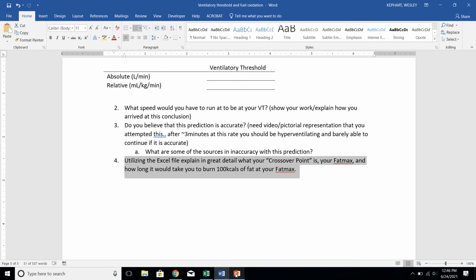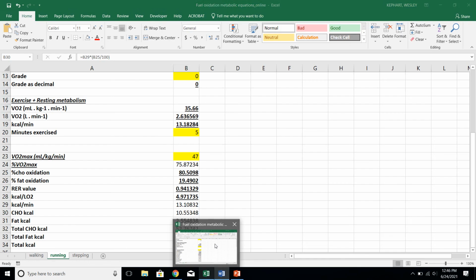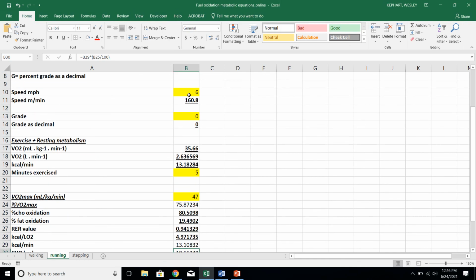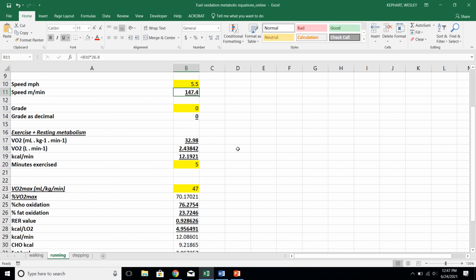So, come over here and figure this out, maybe, I don't know, 5.5, let's see. What you're going to be looking at for there is this respiratory exchange ratio, that type of stuff.